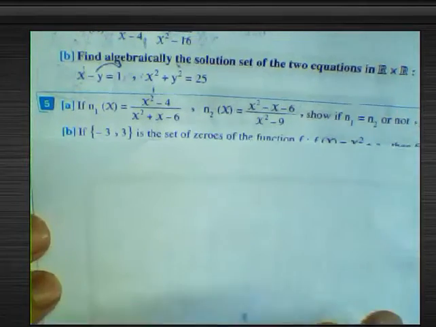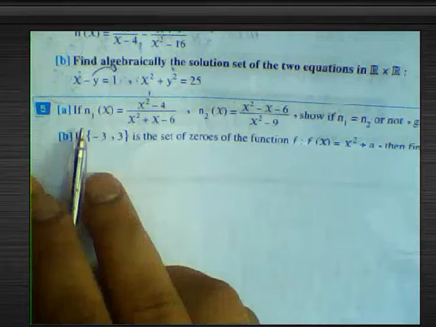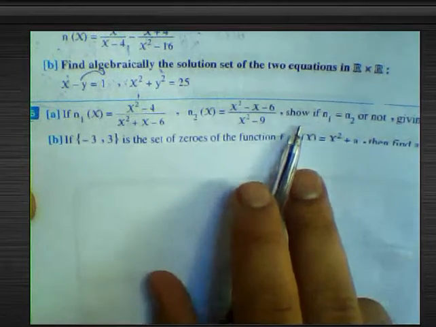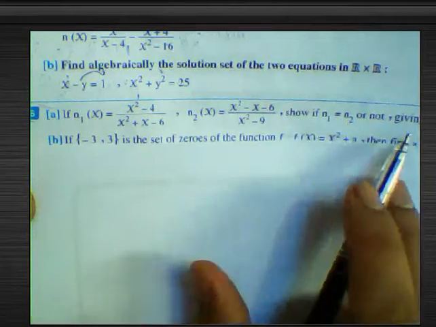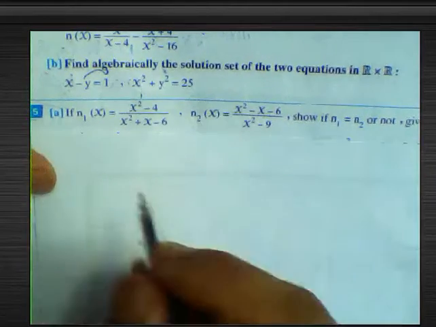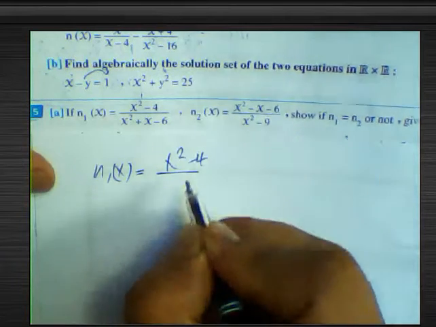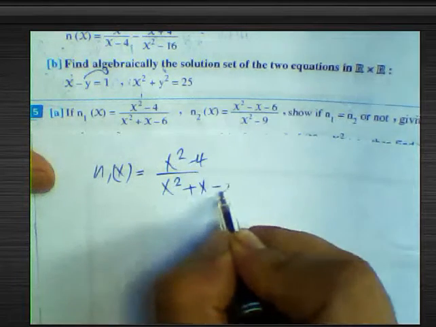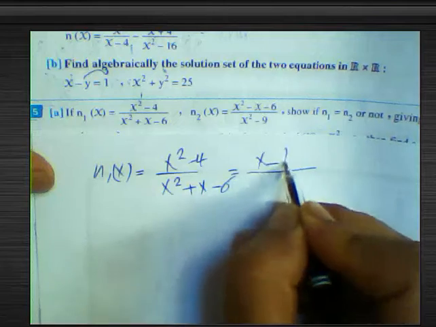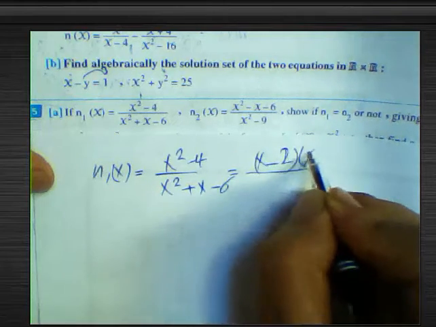Question number 5. We have n1 and n2. Show if n1 equals n2 or not in the given region. We can find n1 in the simplest form and find the domain. X power 2 subtract 4 over x power 2 plus x subtract 6. We can factorize the numerator: x minus 2 and x plus 2.